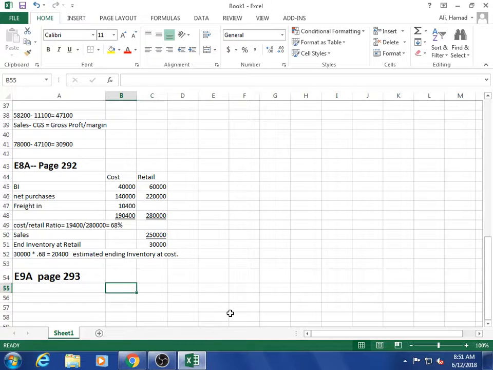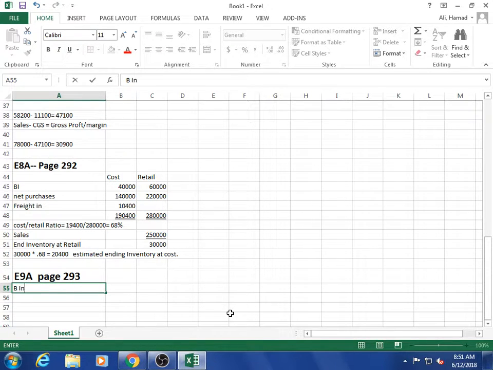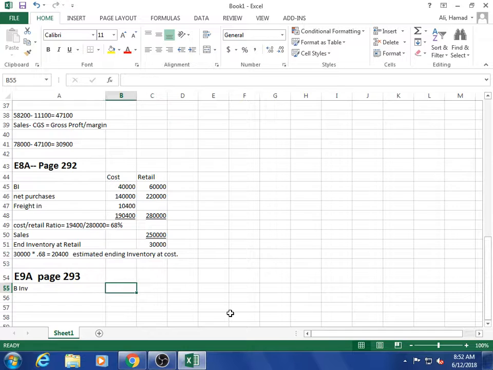Beginning inventory is, well, I'll take it back. It's not what we are looking for, available for sale. We're just looking at gross profit in this case. So beginning inventory. Beginning inventory is what? 45,000.